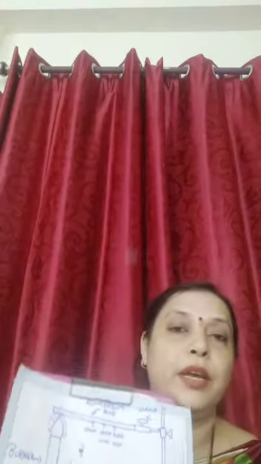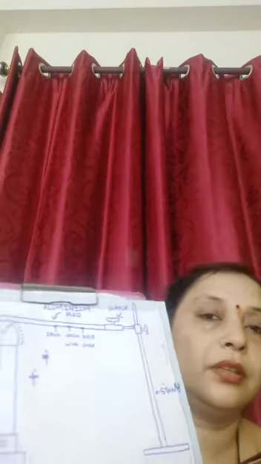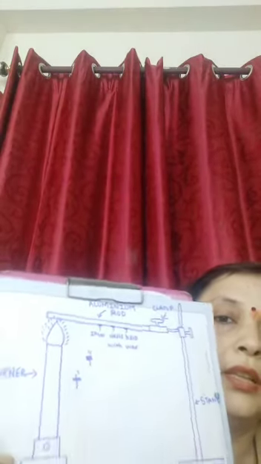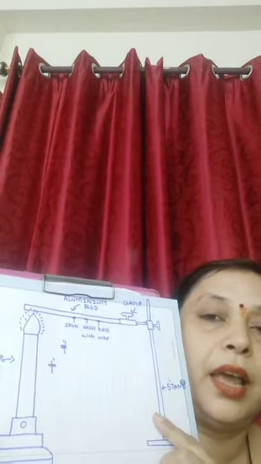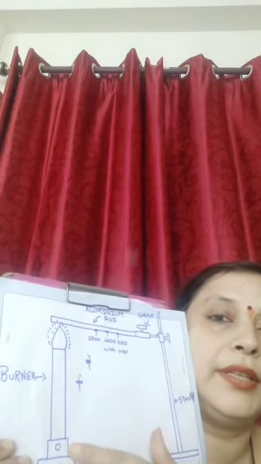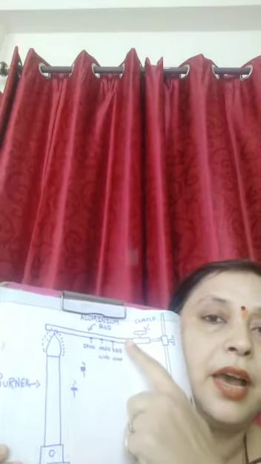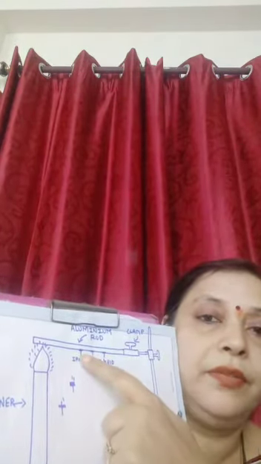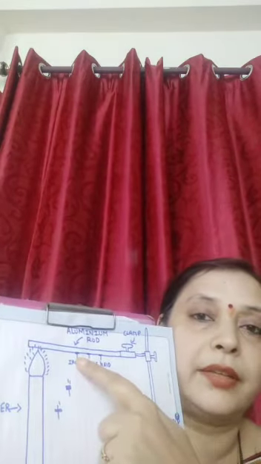Now with the help of a clamp stand you will arrange the aluminium rod like this. Yes, this is the clamp stand, and you can see the burner and the aluminium rod, in which the iron nails are fixed with the help of wax.